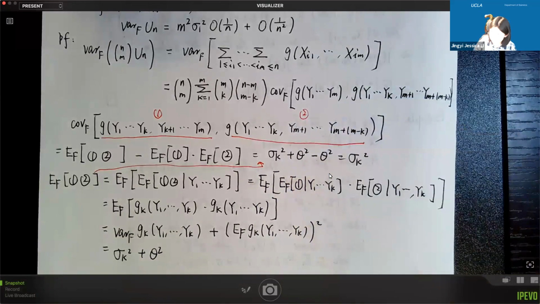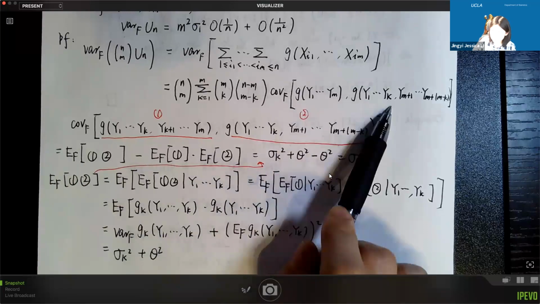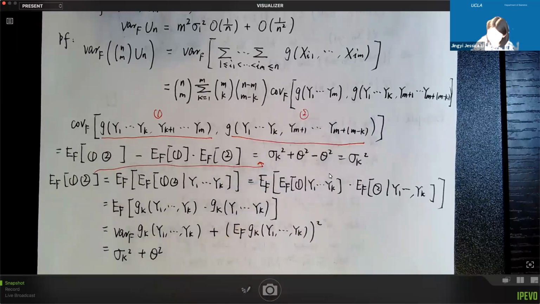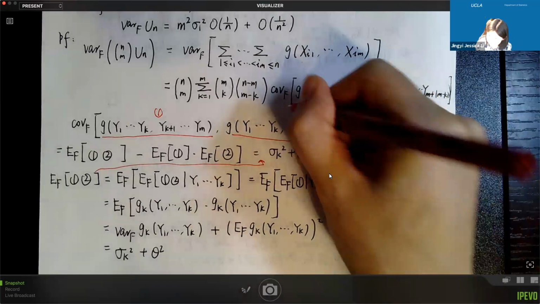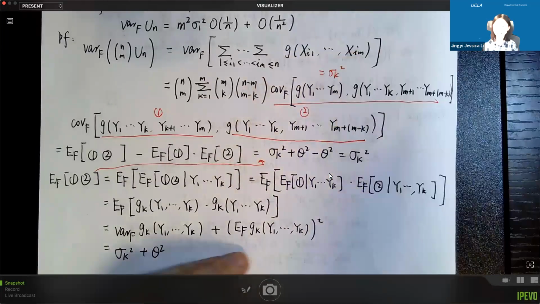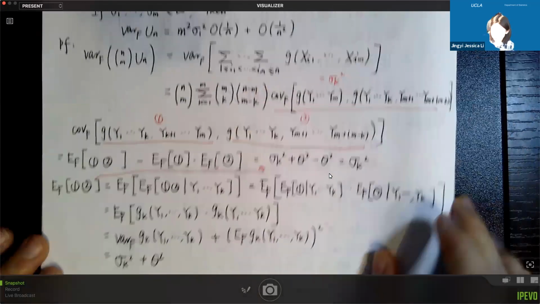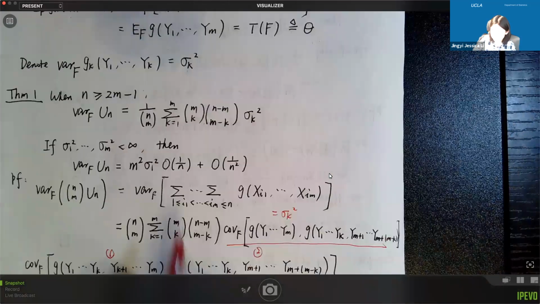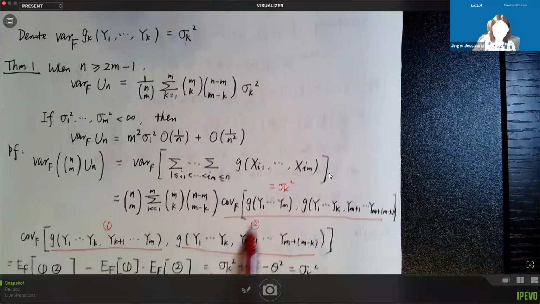So this covariance is just equal to sigma k squared. And that completes our proof. This is what we wanted to prove, and this is how we did it.